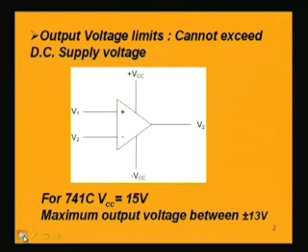Another limitation on the OpAmp is on the output voltage. That is, the output voltage of an OpAmp cannot exceed the DC supply voltage. If we consider an OpAmp IC, for example the 741 IC, then the voltages to be applied are plus 15 volt and minus 15 volt, VCC and minus VCC.